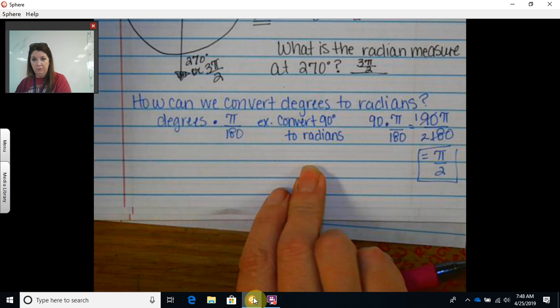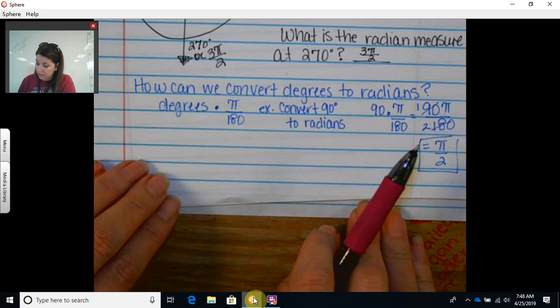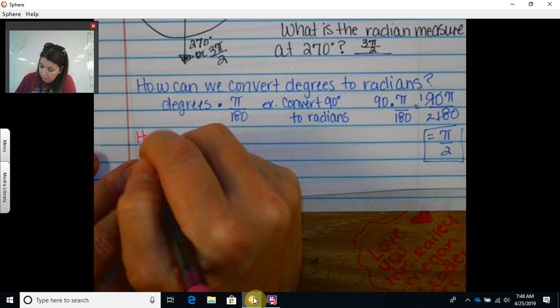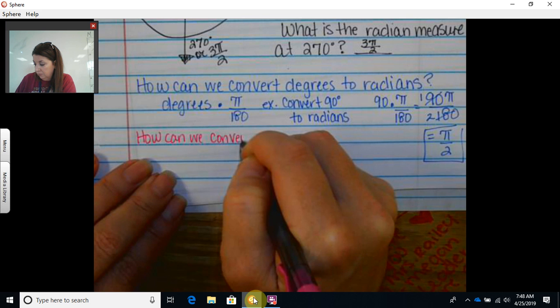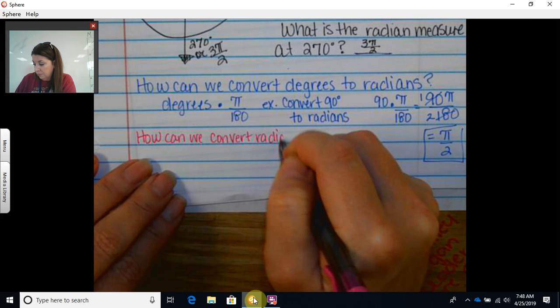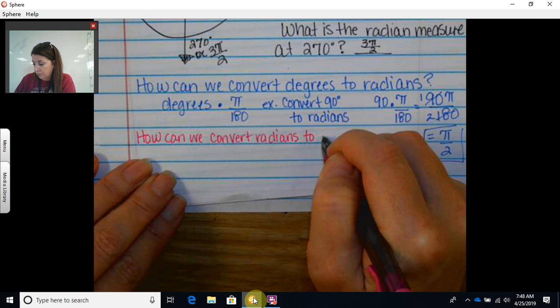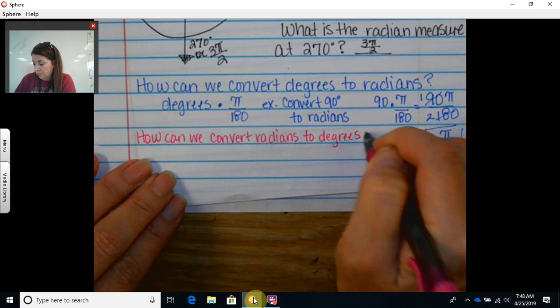All right, well, how do we go the other way? How can we convert radians to degrees? So to go the other way, super easy.